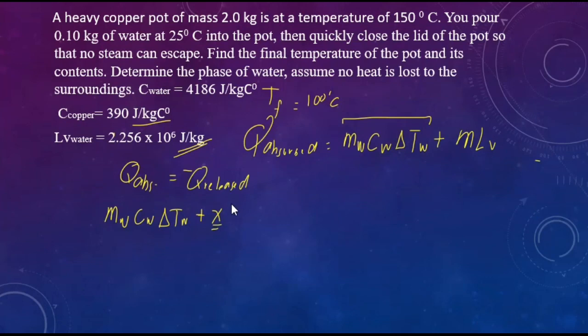So X times LV. So only a portion of the water was converted to steam. Equals mass of the pot or the copper, C of the copper, and then delta T for the copper. So take note that it's negative.